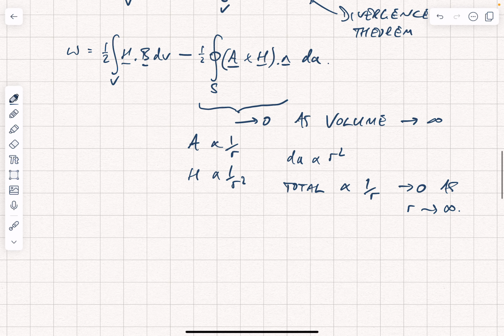And therefore we can say that the energy density, U, is a half H dotted with B, and then W is just the volume integral of U dV. So this shows us a way to find the energy density in fields which involve magnetic fields and also magnetic media.